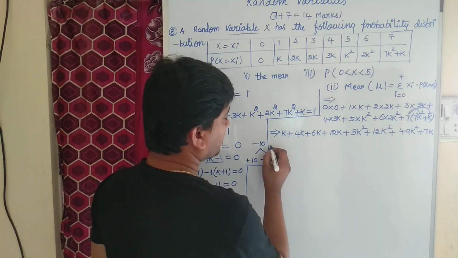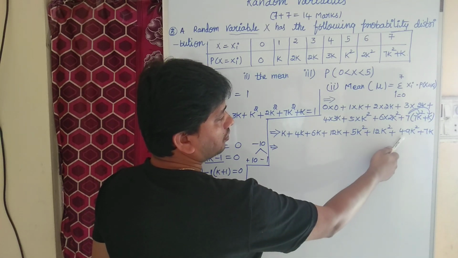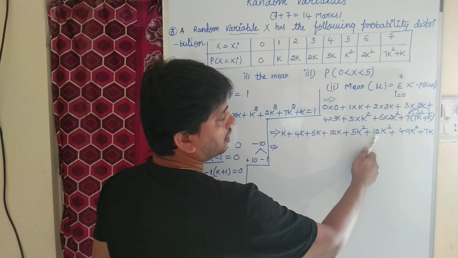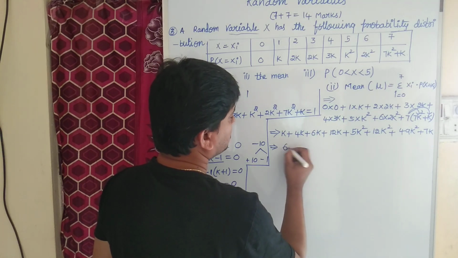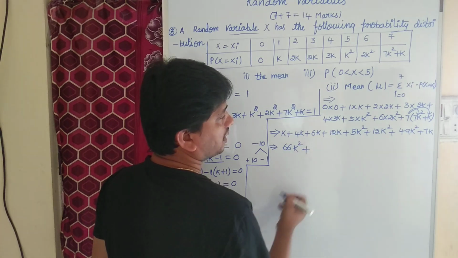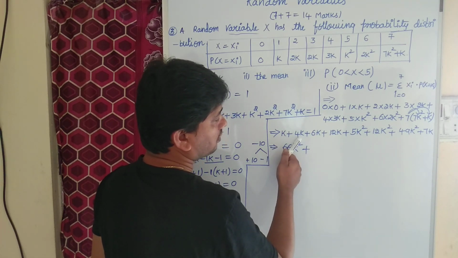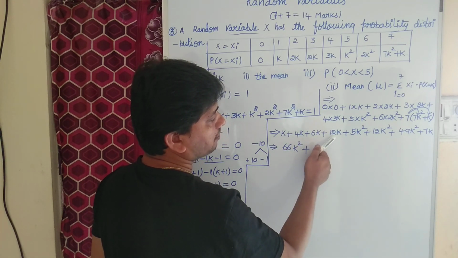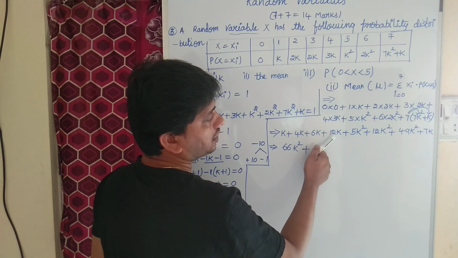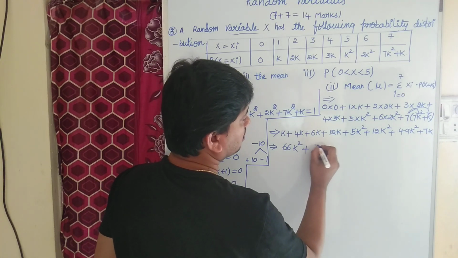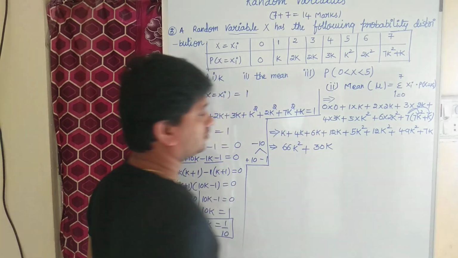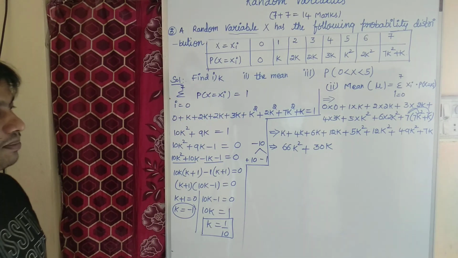Okay, first let us add the k square terms. 49 plus 12 is 61, 61 plus 5 is 66k square. Then 1 plus 4 is 5, 5 plus 6 is 11, 11 plus 12 is 23, 23 plus 7 is 30k. So we got 66k square plus 30k, children.